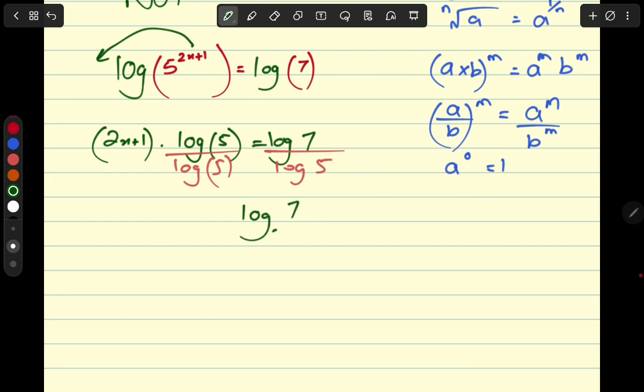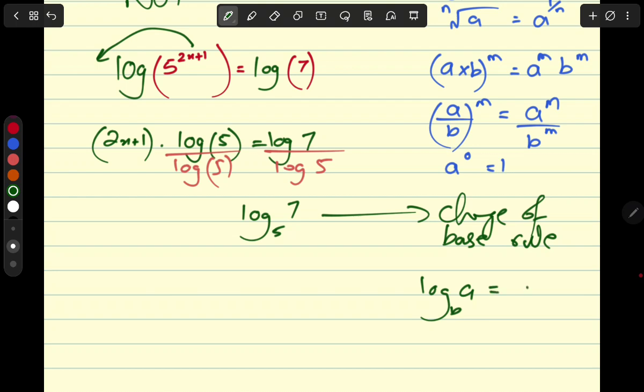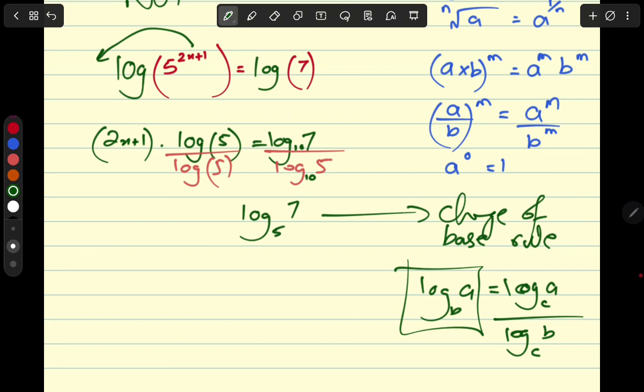log of 7 base 5 by the change of base rule, which says that log of a to the base b may be written as log of a to the base c upon log of b to the base c. See how we had base 10 here, so c was 10, so we just removed that and rewrote it as log a to the base b.